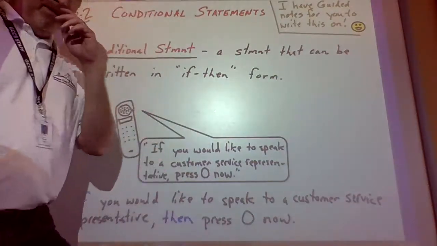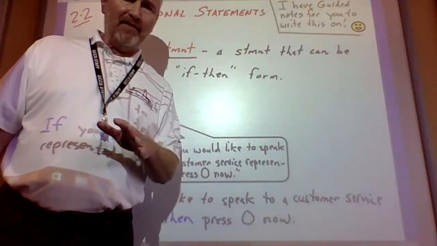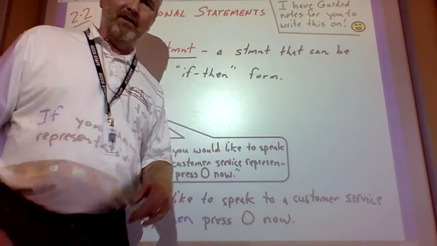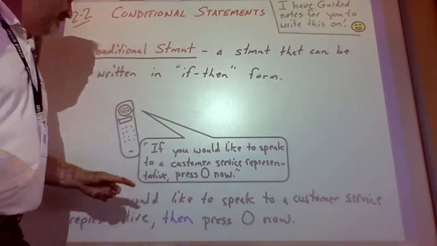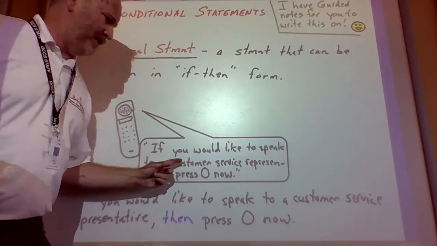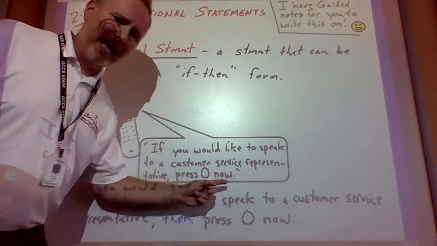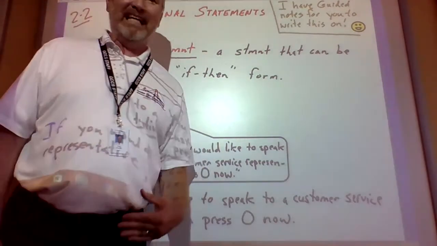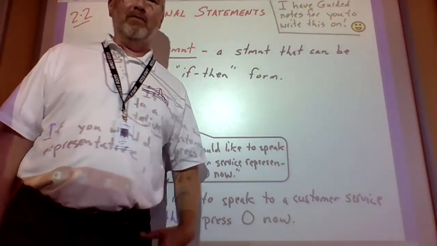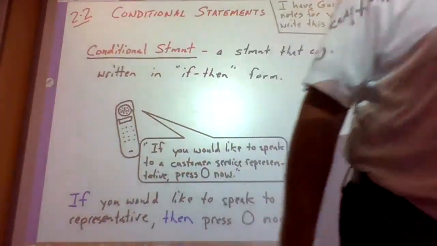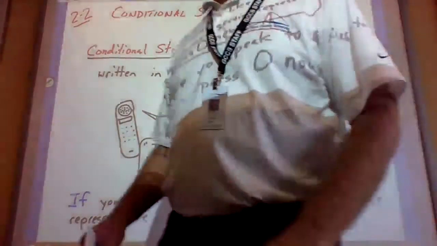And I know your parents know all about this, if they've ever had to call some customer service on the phone, they've gotten this message before. If you would like to speak to a customer service representative, press 0 now. They've encountered that. A lot of times when you call places anymore, they don't have actual human beings answering the phone initially.